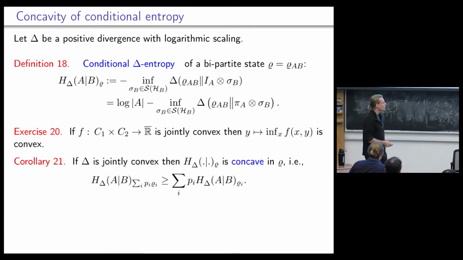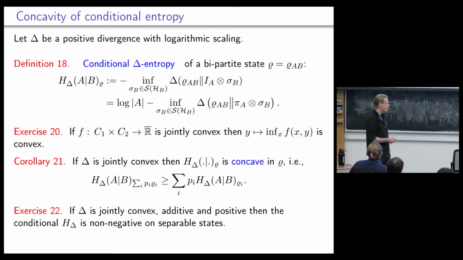Right? And the next important property is concavity. So if you start from a jointly convex divergence, then the corresponding conditional entropy is going to be concave in the state. It just means this relation here, which is a Jensen inequality.